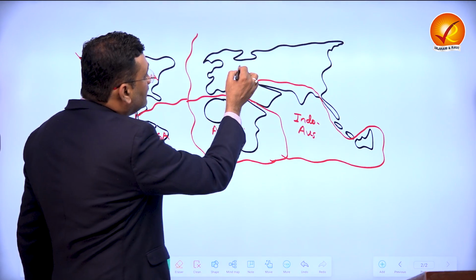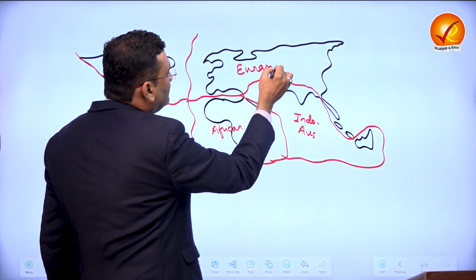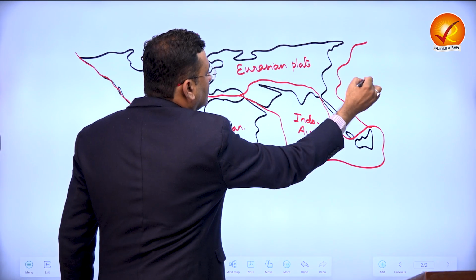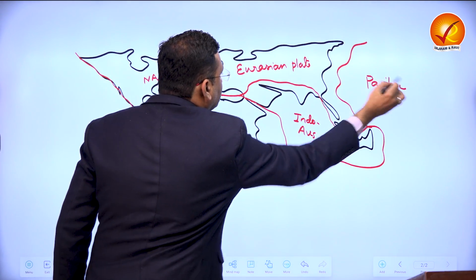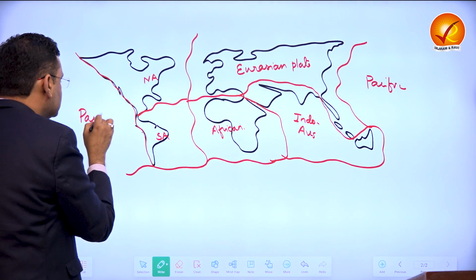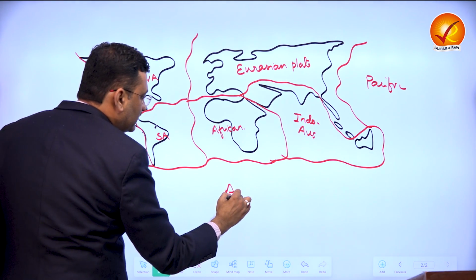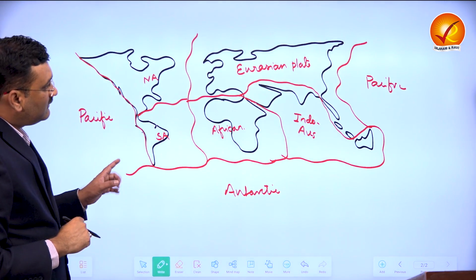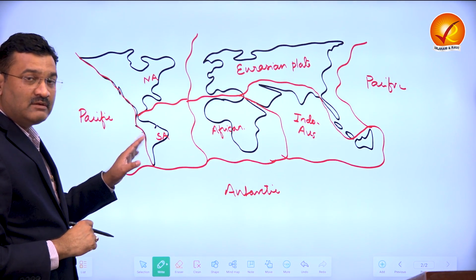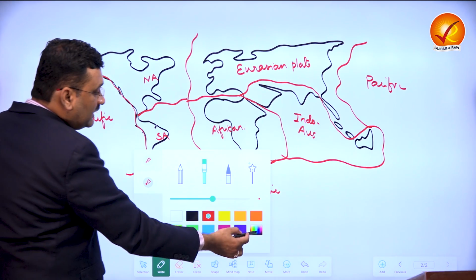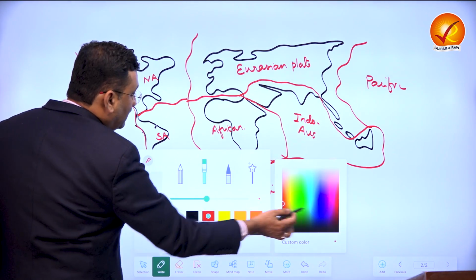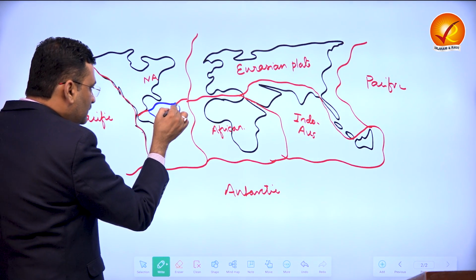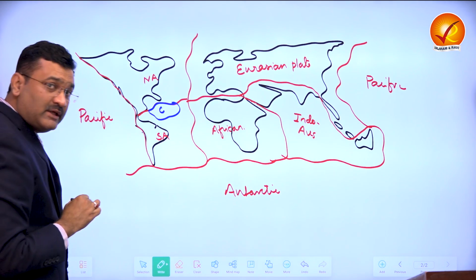So this is African, this one is the Eurasian plate, and here is the Pacific plate. Here also is the Pacific plate. This one is Antarctic plate. So these are the 7 major plates. Now in between we can identify some of the minor plates, like here interacting with the North American plate, this is known as Caribbean.